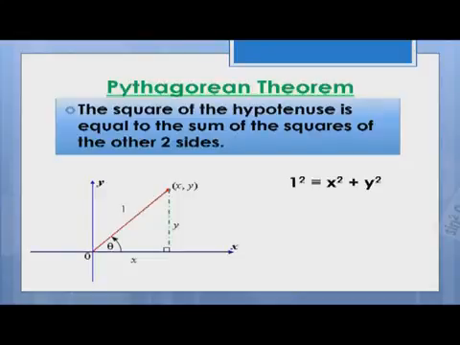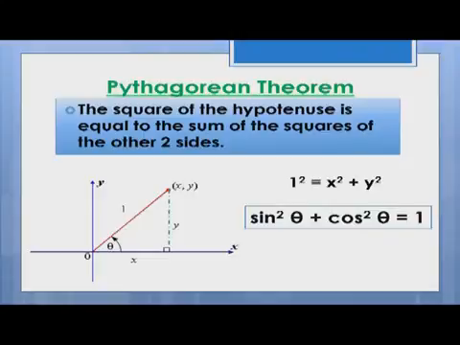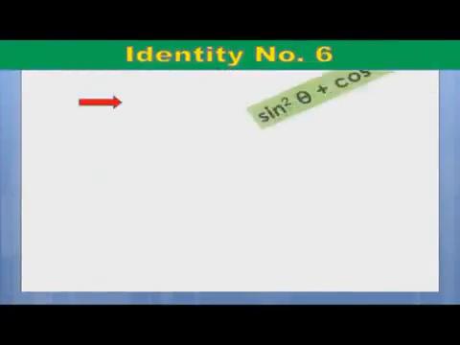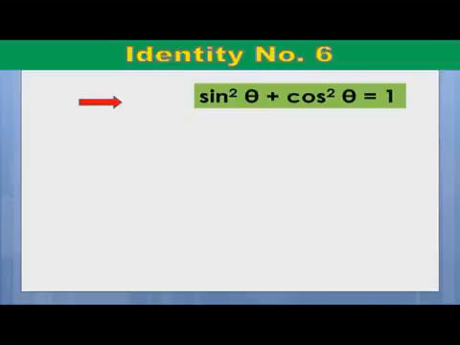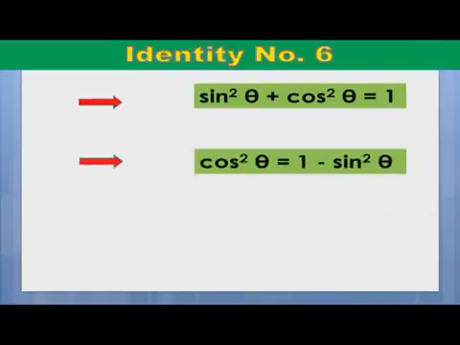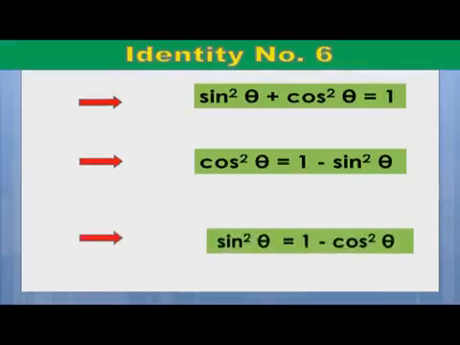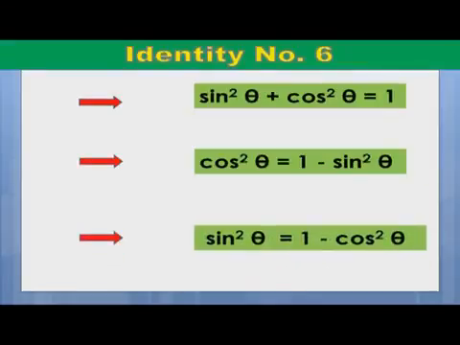Because we know already that x is equal to sine and y is equal to cosine, we can derive that sine squared theta plus cosine squared theta is equal to 1, and that is a Pythagorean theorem. Then identity number 6 is sine squared theta plus cosine squared theta is equal to 1, which can also be written as cosine squared theta is equal to 1 minus sine squared theta. Sine squared theta is equal to 1 minus cosine squared theta.